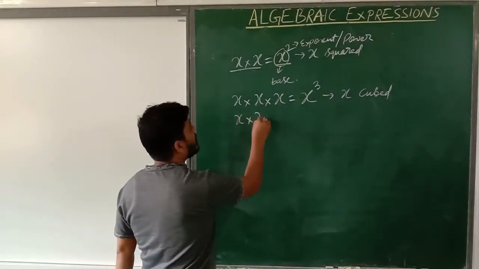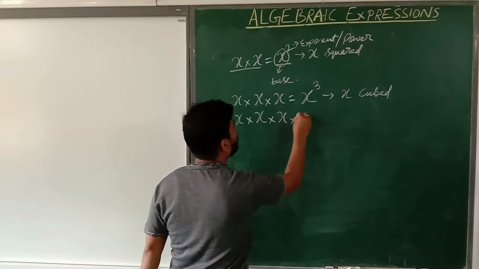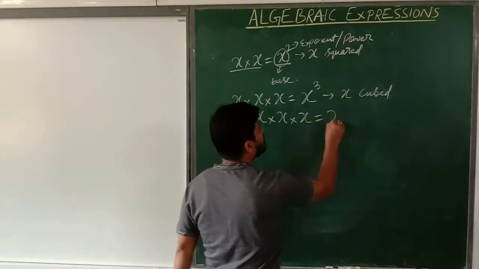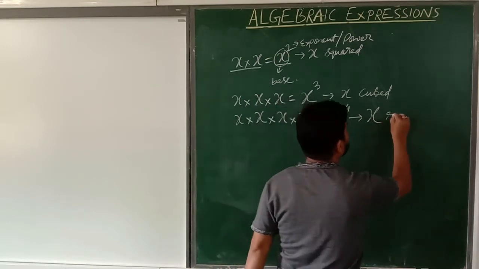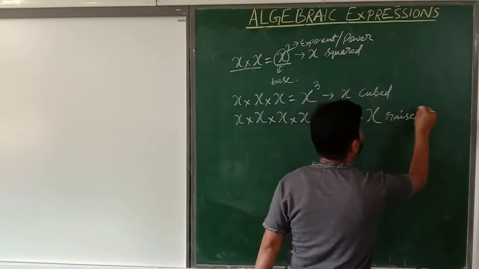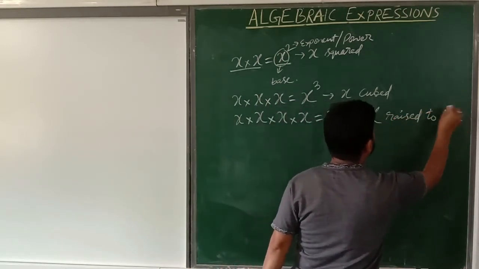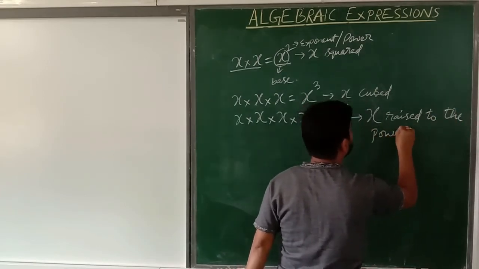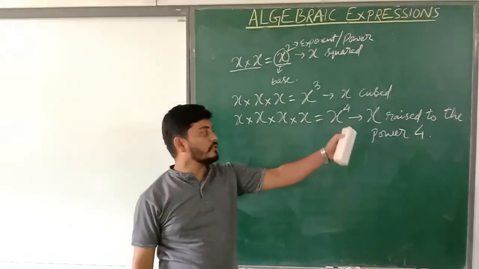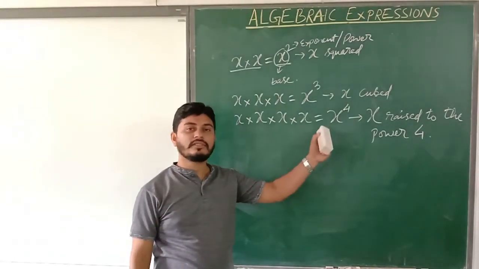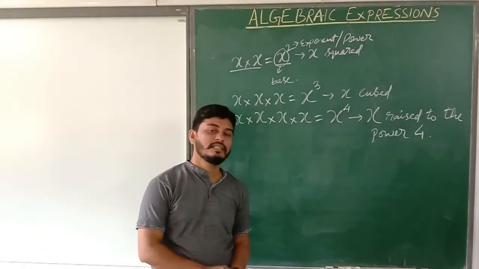And if it multiplies for 4 or more, then it will be read as x raised to the power 4, and so on. If 5 times, x raised to the power 5, 6 times, x raised to the power 6, like that.